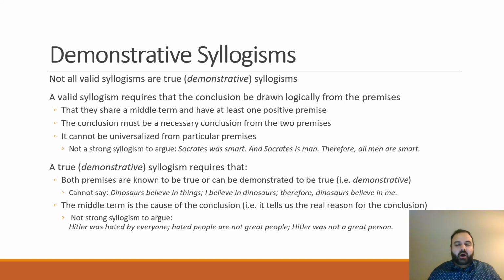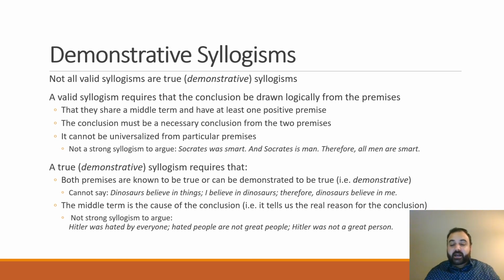It's not that strong of a piece of evidence as to say, well, Hitler was not a great person because he was a tyrant, and that use of the middle term of tyrant as opposed to hated by everyone is truer to why Hitler was not a great person.